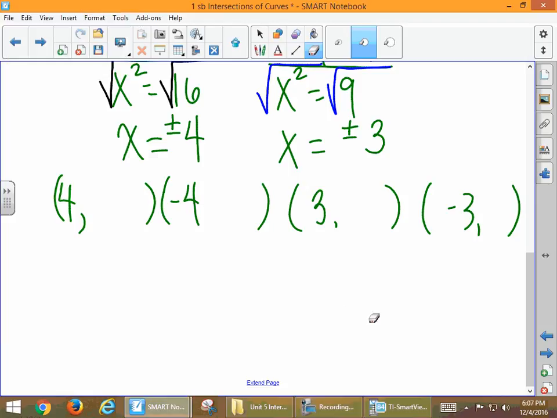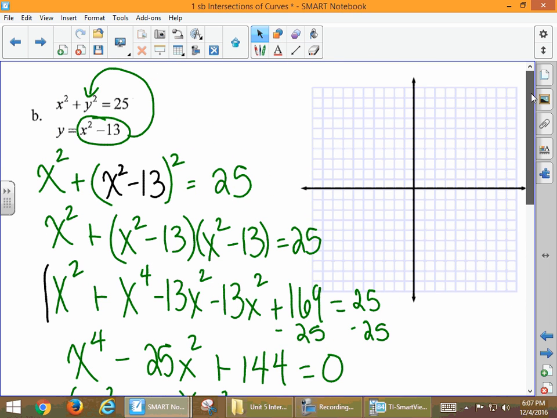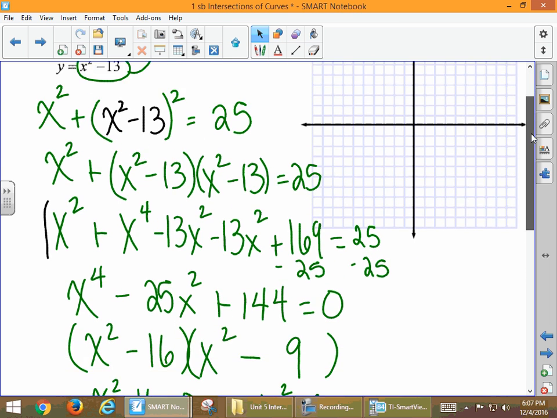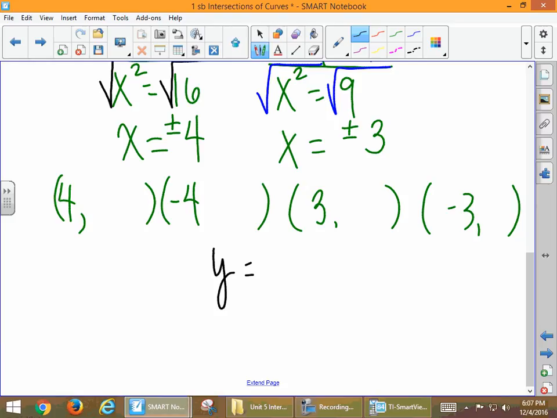So now we're going to take these two answers and we're going to put them back into one of the equations. The simpler one, most likely, which is the y equals x squared minus 13.